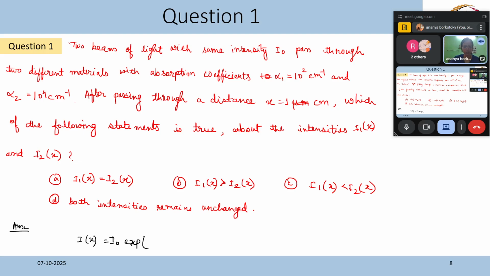Here x is the distance at any point. This law is known as the Beer-Lambert law; maybe you have studied it in physics.